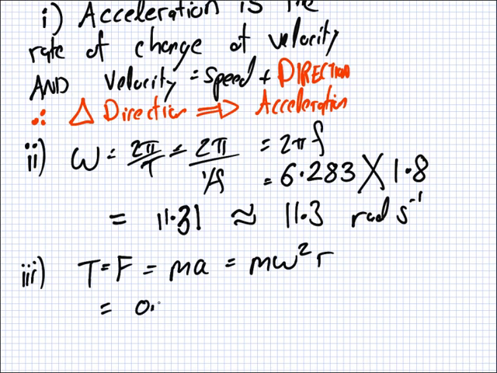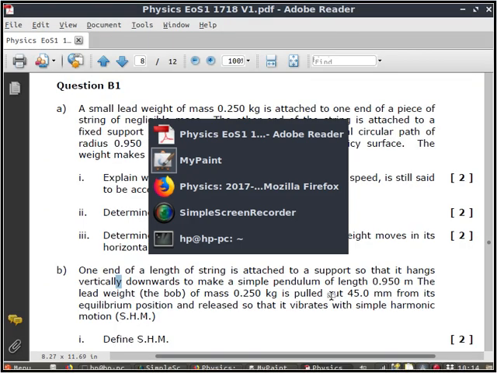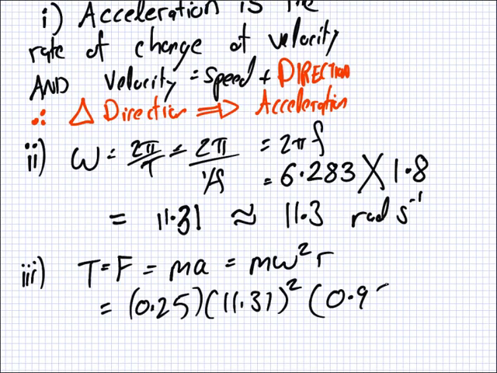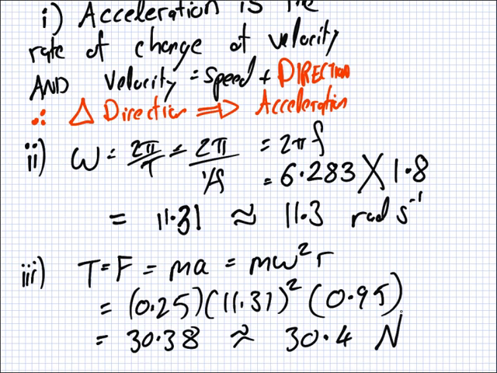Which is 0.25 times 11.31 squared times 0.95. 4 significant figures again, please. 30.38. Which is roughly 30.4 newtons. Okay, you should write that down.